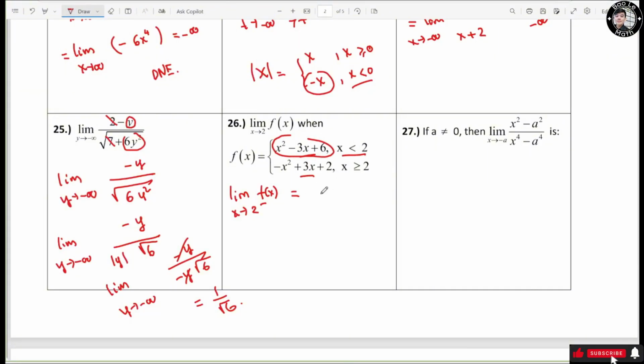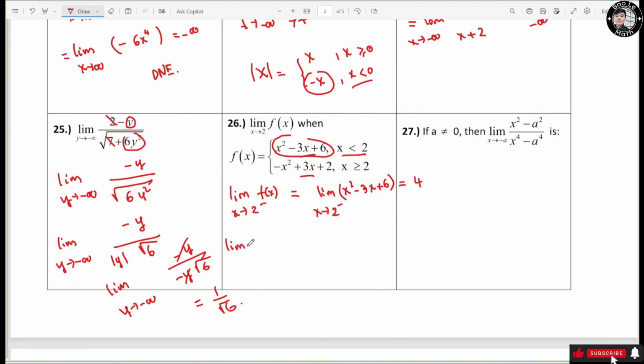So it's the limit of s squared minus 3s plus 6 when s approaches 2 minus. We just substitute 2 for s, and the answer is 4.